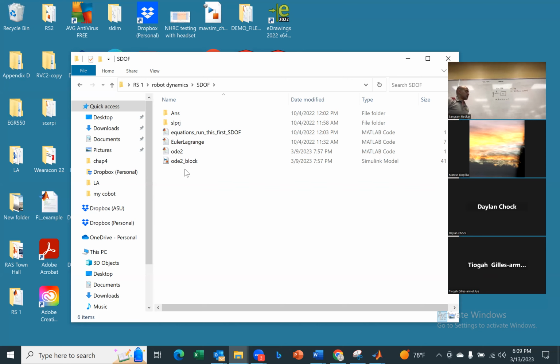Now, what is the kinetic energy of this spring mass system? The kinetic energy is 1/2 mv square, which is 1/2 m x dot square. What is the potential energy?